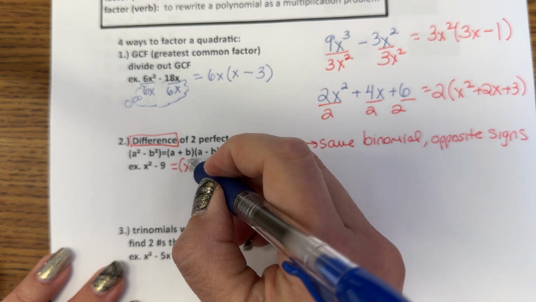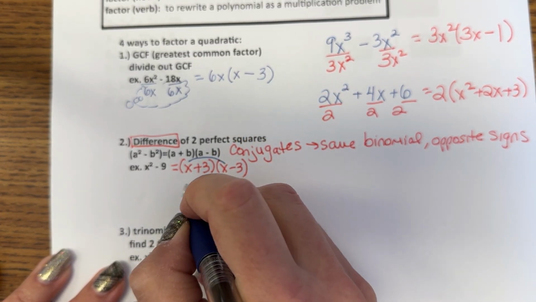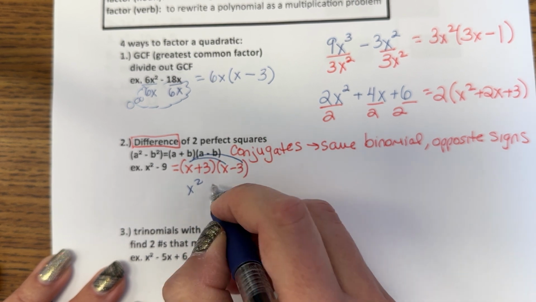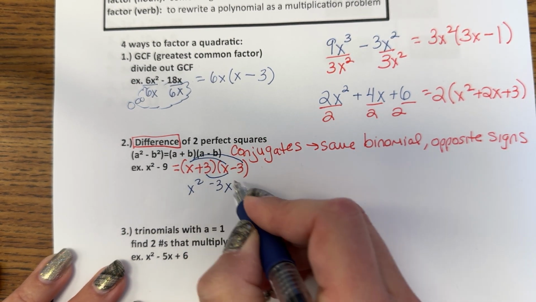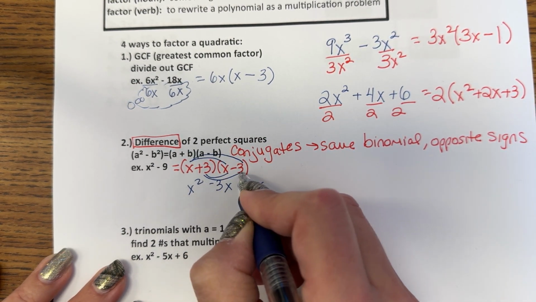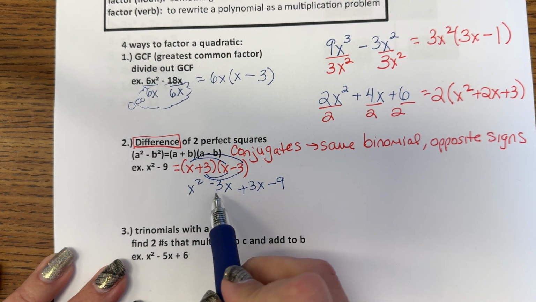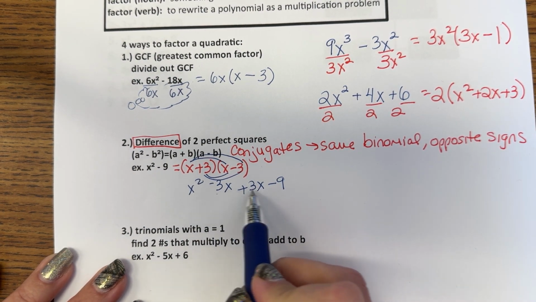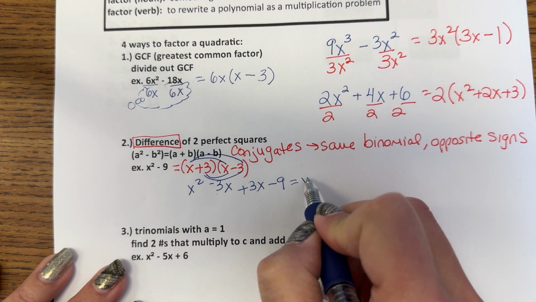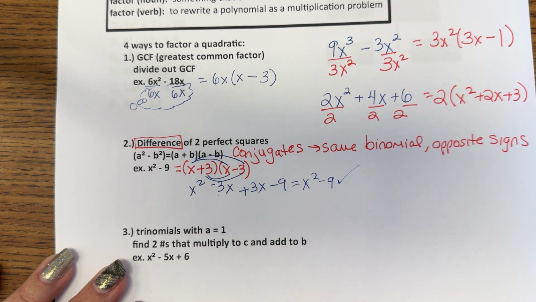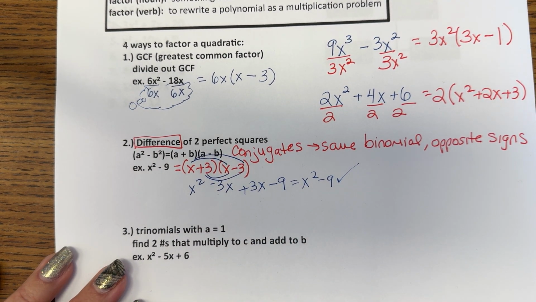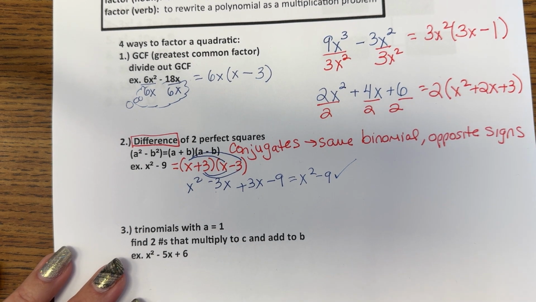Let's try it. X times x, x times negative 3, 3 times x, 3 times negative 3. And the -3, +3, these x terms, they add to 0, and we are left with x squared minus 9. It worked. We rewrote it correctly as a multiplication problem.